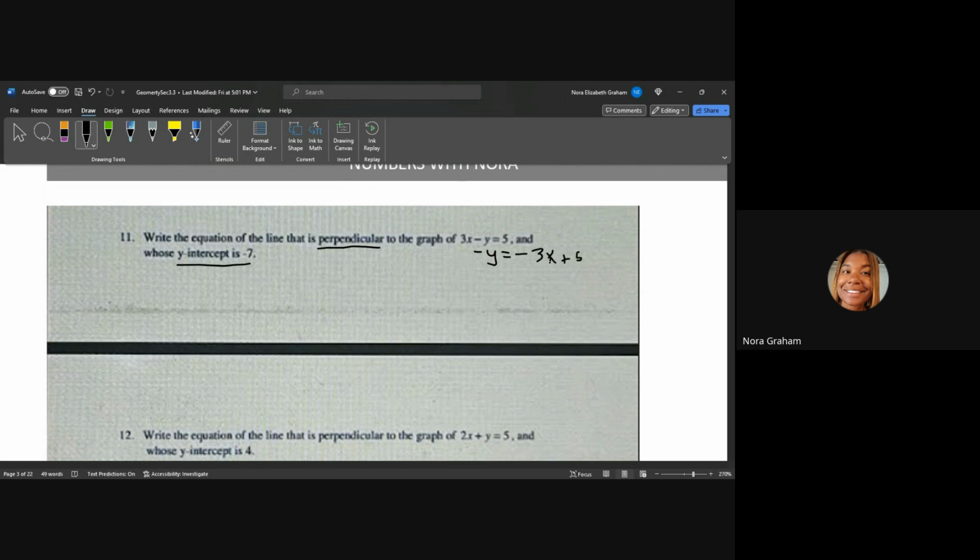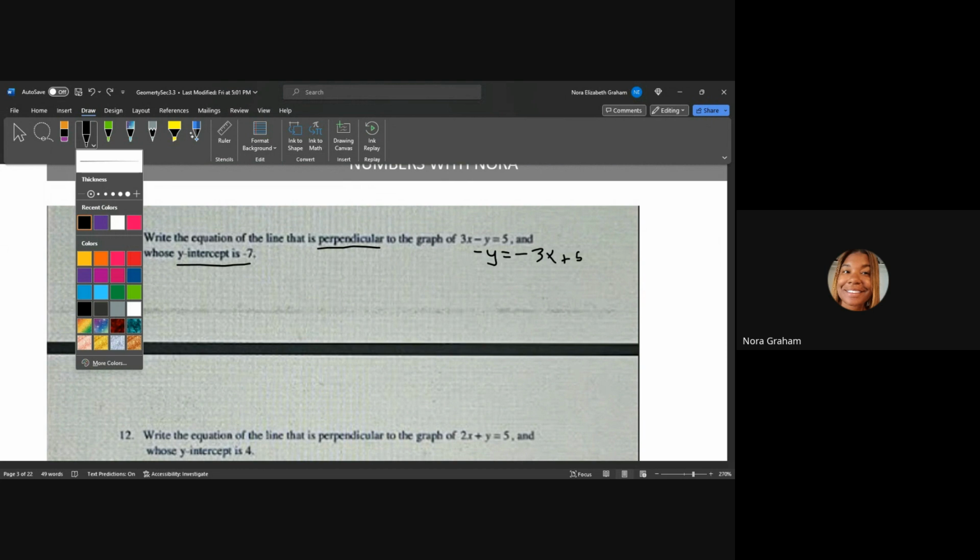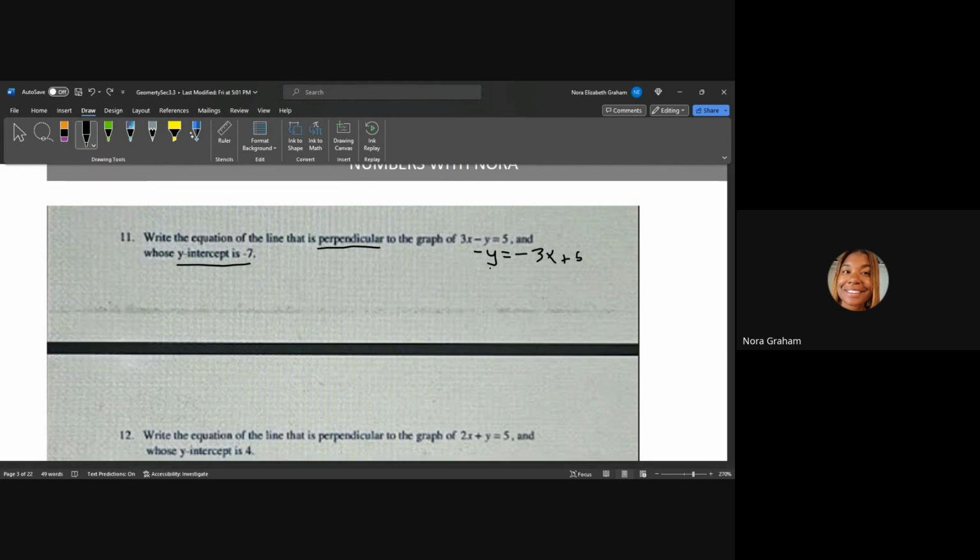And then I have to divide all my terms by negative 1, right? So y equals 3x minus 5. Perfect. Now I can identify my slope very easily, but remember this is perpendicular, so we're not going to have the same slope.